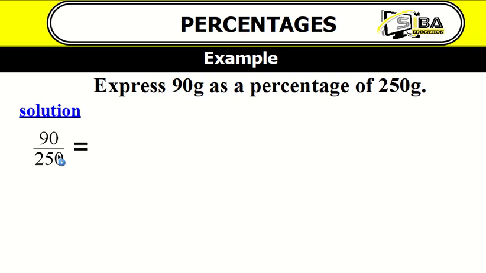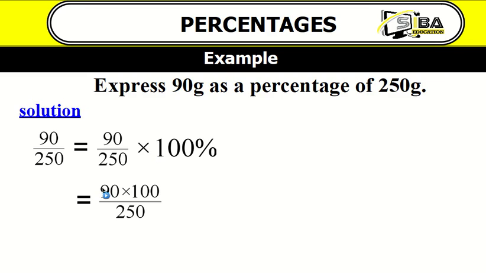Then from this point, we multiply this fraction by 100%. I hope you understand what I'm doing. Good. We express the first quantity as a fraction of the second quantity, and then we multiply by 100%, which is the same thing as 90 times 100 over 250. So I told you initially to get your pen and your paper so you can do the cancellation here.